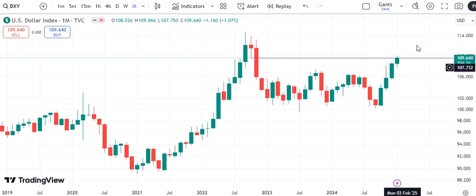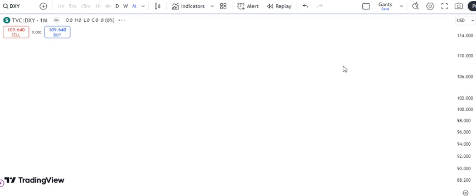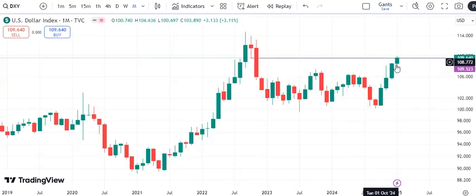Looking at what I'm seeing here, it has broken this high with momentum and closed above it. Initially, when we had this particular candle, this was the month of November. It took out this high and then rejected sharply.